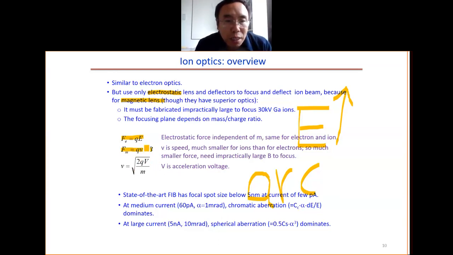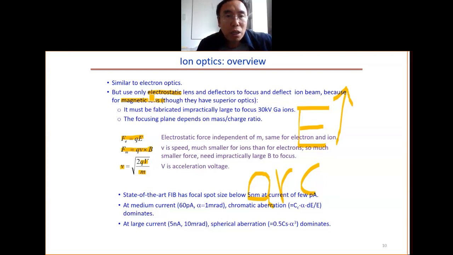The speed of the particle is given by the square root of 2qV divided by the mass, where q is the charge and V is the acceleration voltage. Because ions have a very big mass, the speed is very small. When we have very small speed, you need a really, really big magnetic field to have the same force. But we know it's not easy to generate a very high magnetic field.